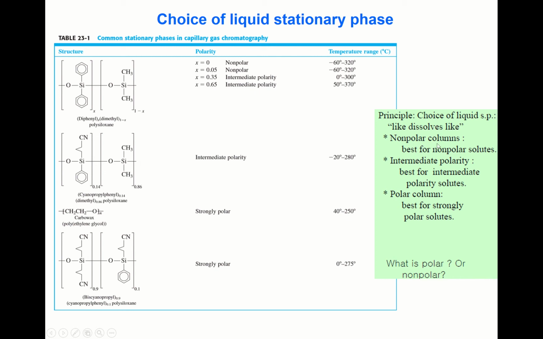So non-polar columns are best for non-polar solutes. Non-polar solutes are readily dissolved in non-polar stationary phase to be separated. An intermediate polarity column is best for intermediate polarity solutes, and a polar column is best for strongly polar solutes.